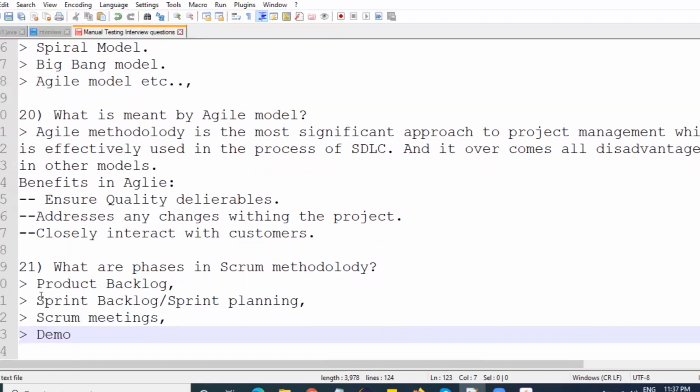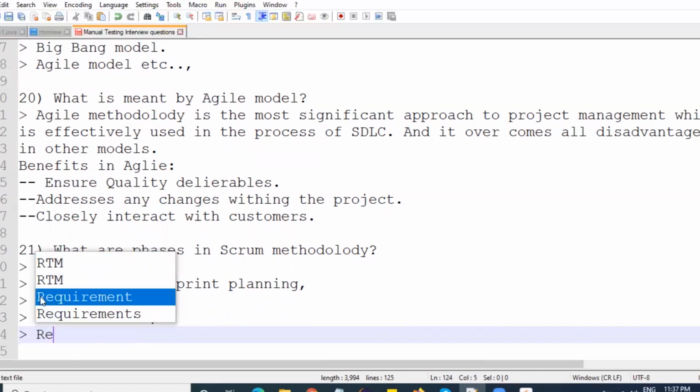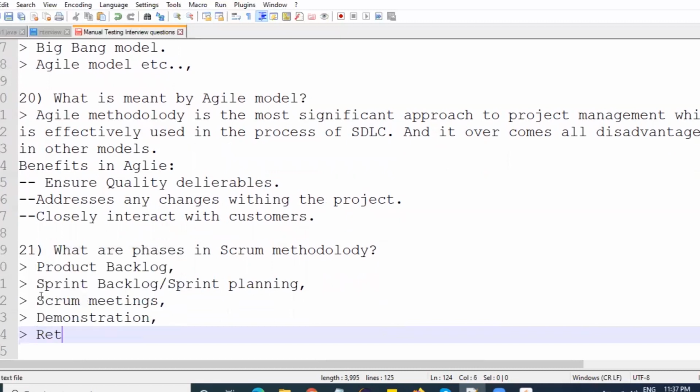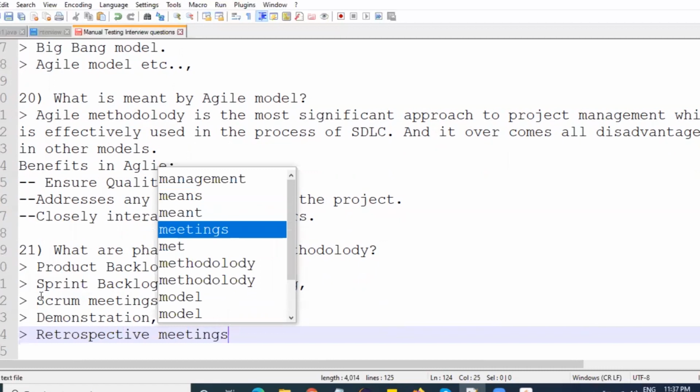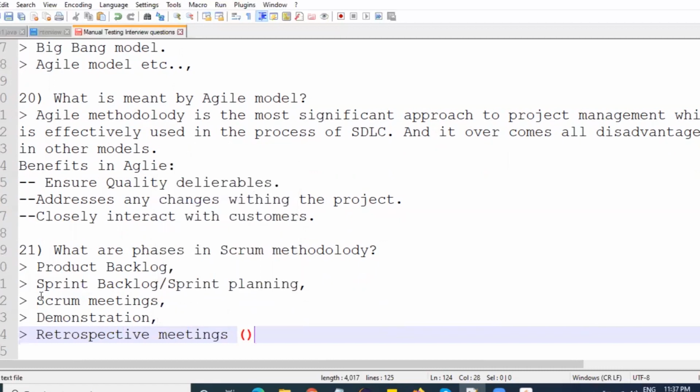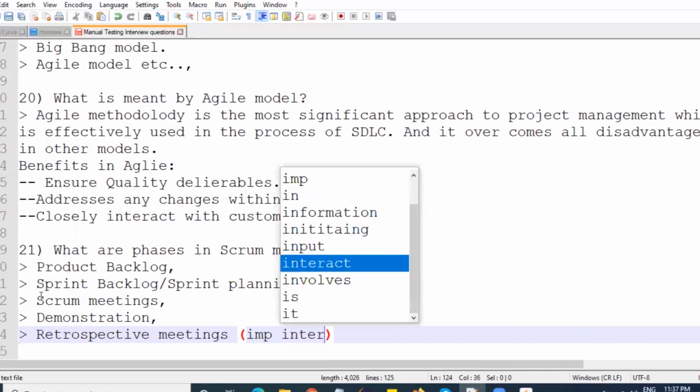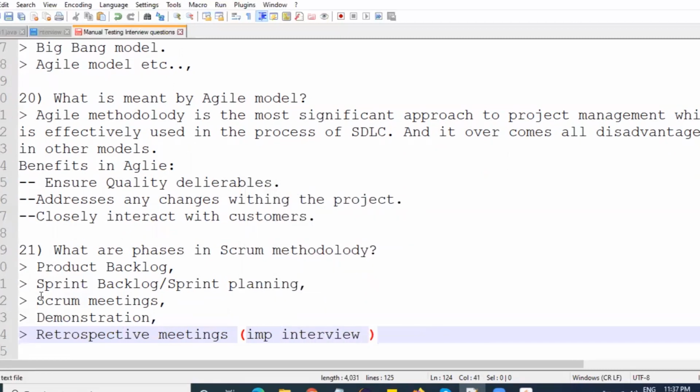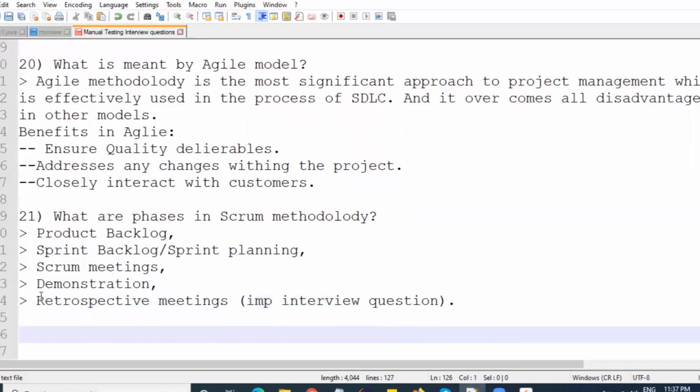Whenever the testing team completes their activities, we need to demonstrate what we have done. The last one is retrospective meetings. So this is a very important interview question. These are the phases.